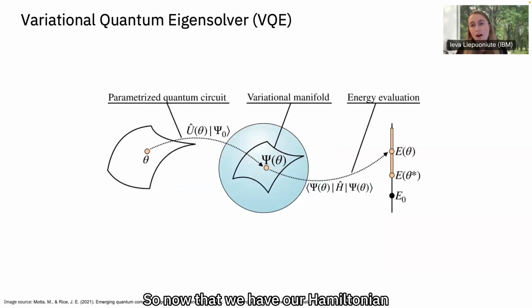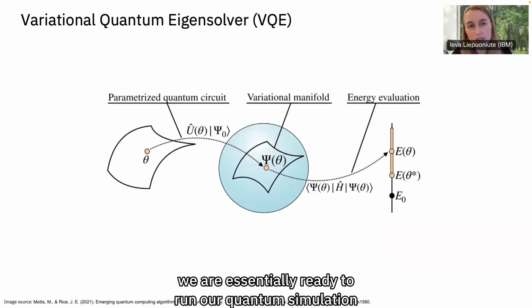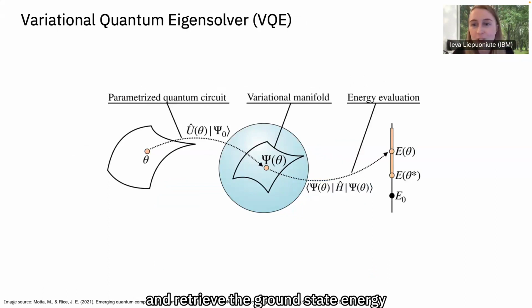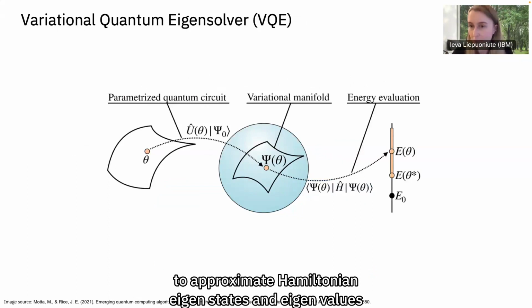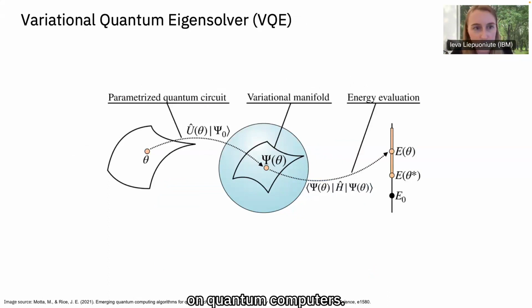So now that we have our Hamiltonian in a computational or qubit basis, we are essentially ready to run our quantum simulation and retrieve the ground state energy associated with our system. In fact, we use variational quantum algorithms to approximate Hamiltonian eigenstates and eigenvalues on quantum computers.